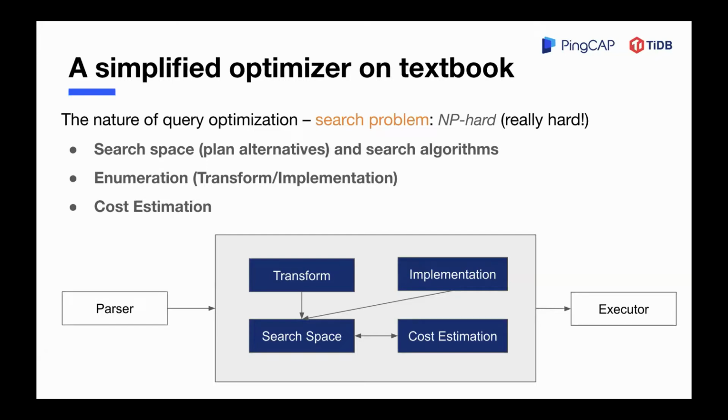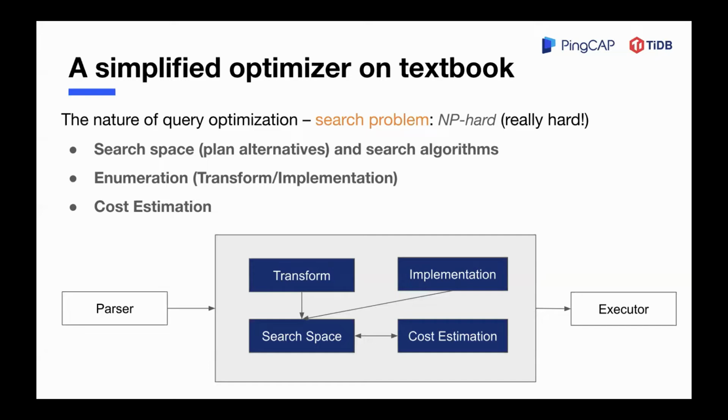And then there are several components of this query optimizer. We have the search space. And another thing is that we do need to enumerate the different plan options and enlarge the search space so that we don't miss the optimal plan in the search space. That's very important.